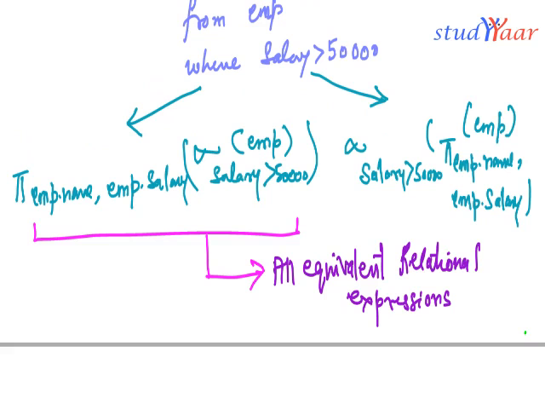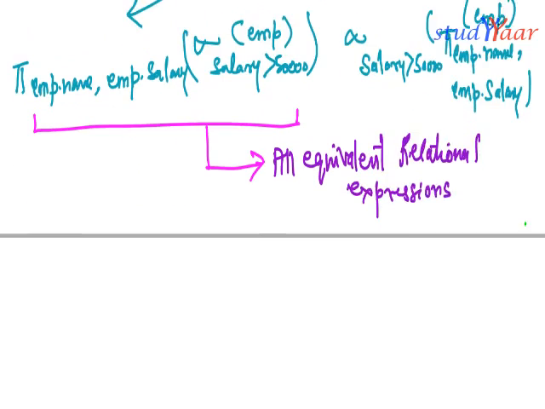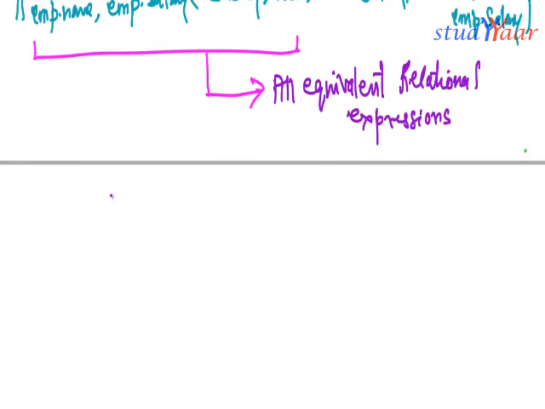Okay, so we are basically talking about cost and not just time over here. So what this is going to do next is it is going to find the expression with least cost.